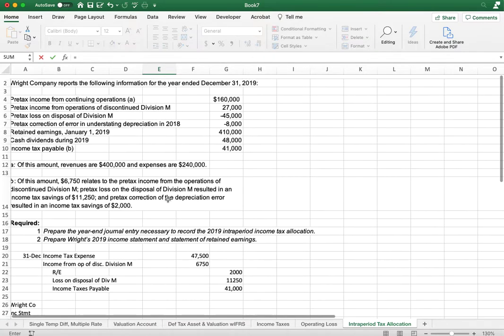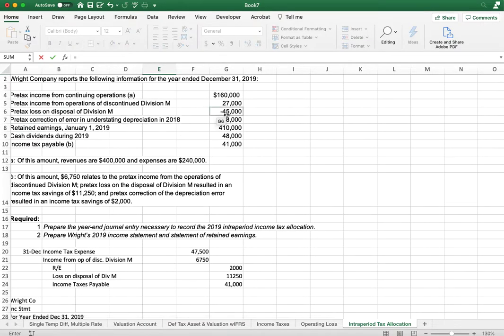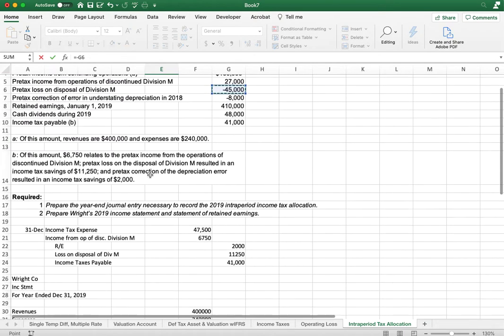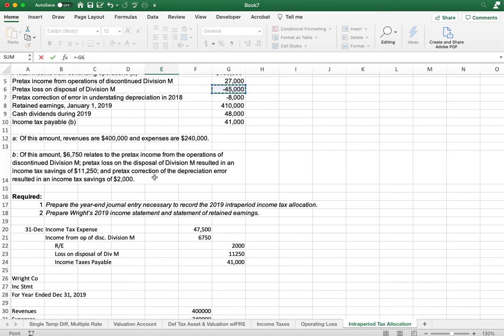So the loss on disposal is, I'm going to put a negative sign here to convert this to a positive amount for the income statement, 45,000, and then we have to subtract out the 11,250.